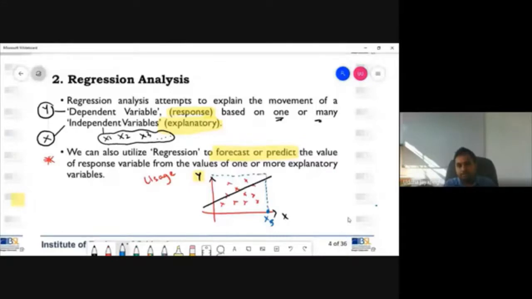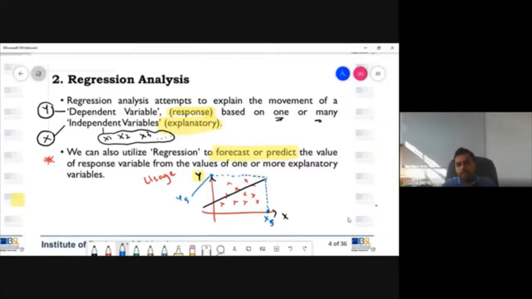This is going to be y5, using this particular line. I'm sorry, this particular point has to be, wait, in the correct way. This has to go and touch here.